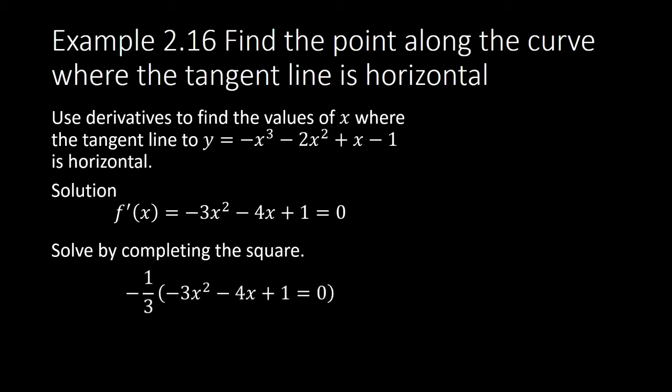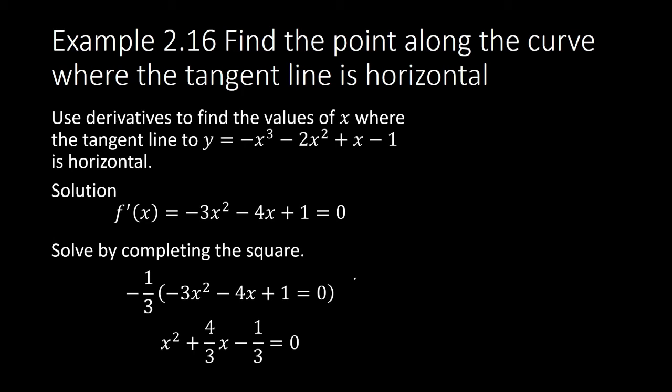We begin by making the coefficient of the leading term equal to 1. And we can do that by dividing by -3. Dividing all of this by -3 is the same as multiplying by -1/3. That is just the distributive property of multiplication over addition.